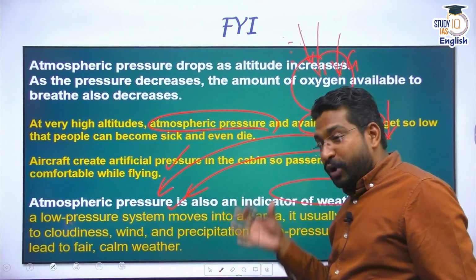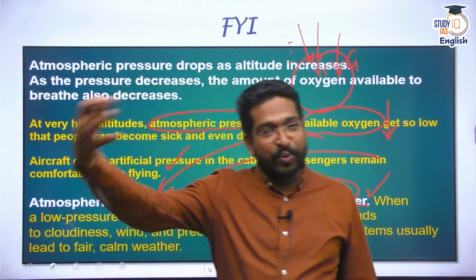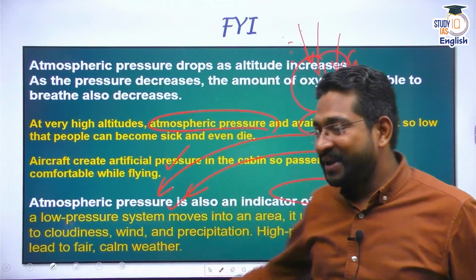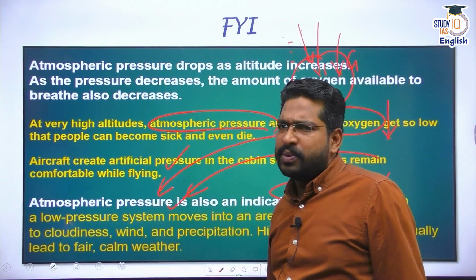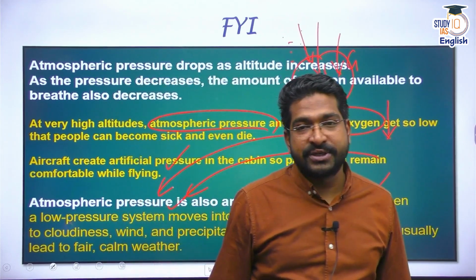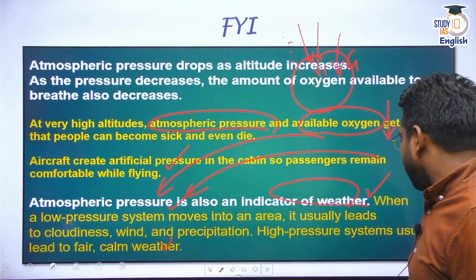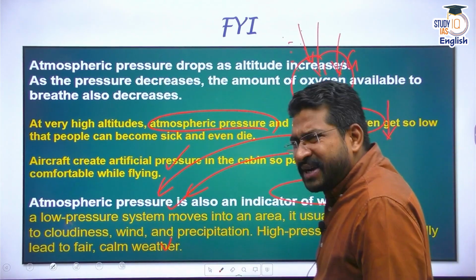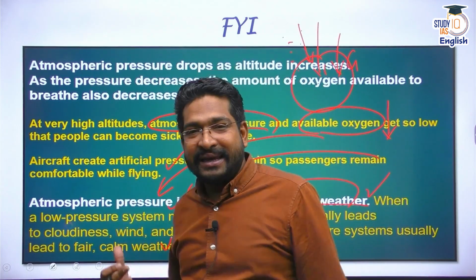We already established, air always moves from the high pressure zone to low pressure zone. So if there is a low pressure system, then air is going to move into it, causing cloudiness, probably precipitation also. But if there is a high pressure system, it is going to give you fair, calm weather, no signs of rain, right? So atmospheric pressure has these basic characteristics.